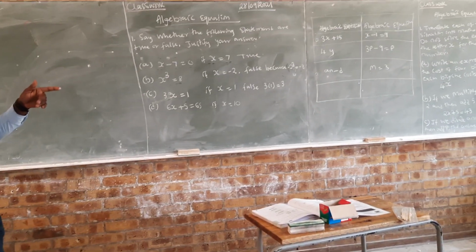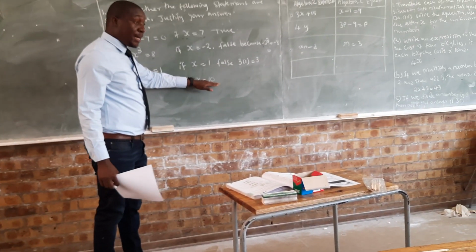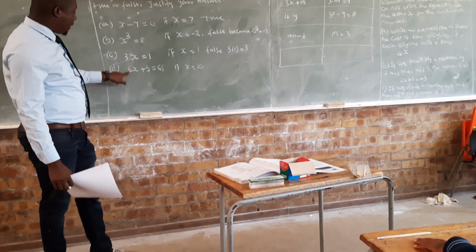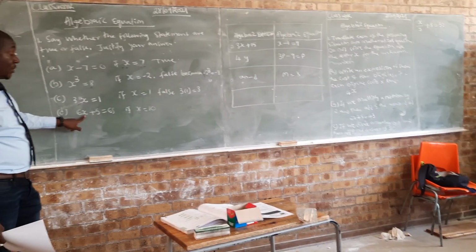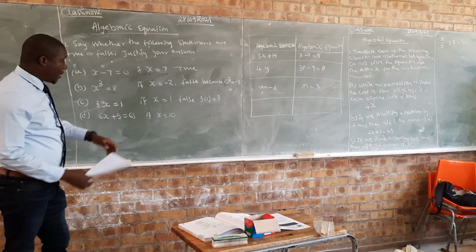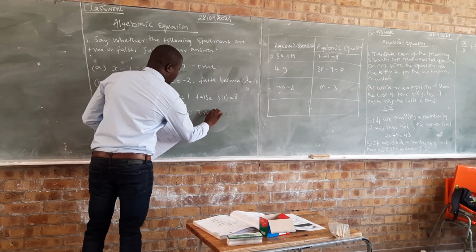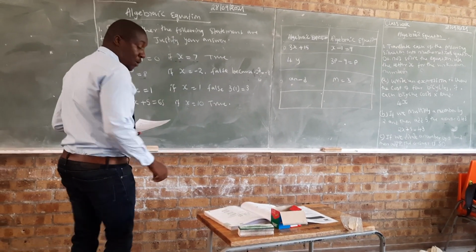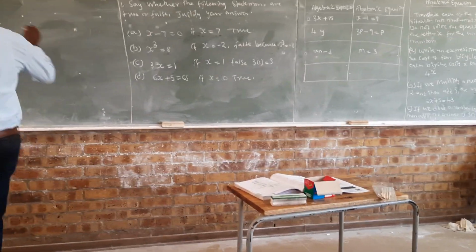Because when we see x, we are going to put 10, so it's going to be 6 multiplied by 10, which gets 60. Add 5, 65. So therefore we say that this one is true.